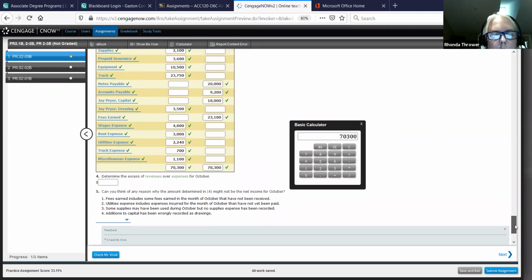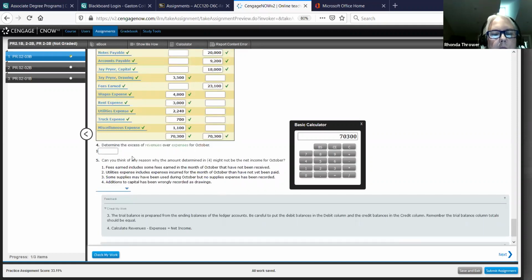And then in the next step, they say, determine the excess of revenues over expenses. So our revenue account is $23,100. We're going to subtract from this revenue all of the expenses. Wages expense was $4,800. Rent expense was $3,000.